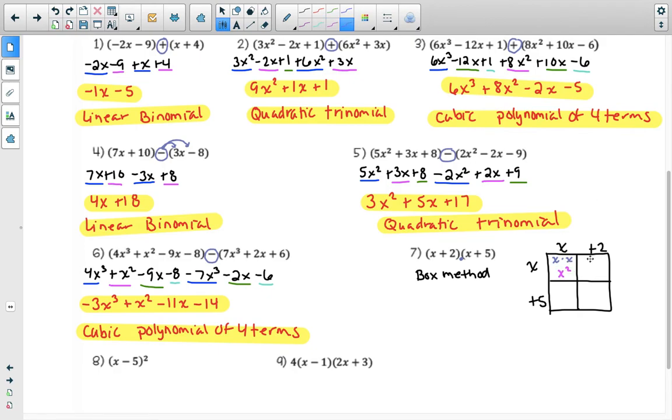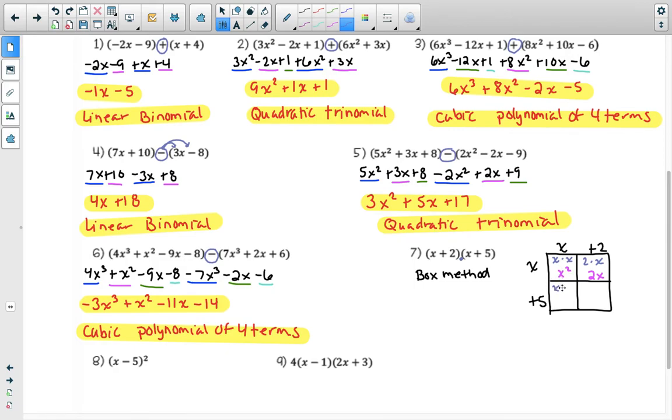On my next piece of my box, this is a length of 2 and a width of x because this is the same width here. So this is really 2 times x. 2 times x is 2x. On this box, this is the width of x right here because it's the same as this top part. This is an x times a positive 5.